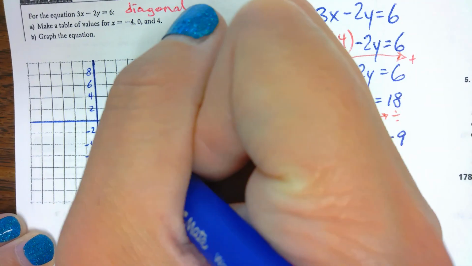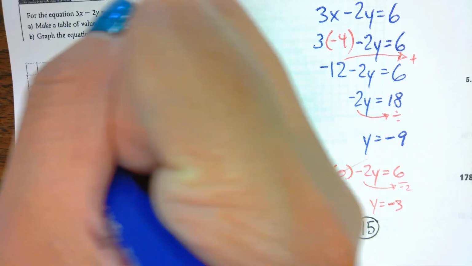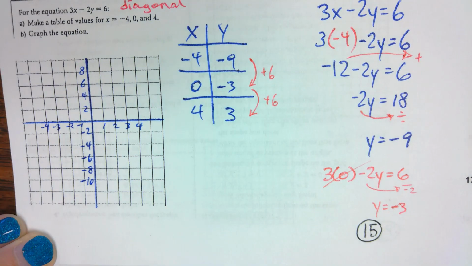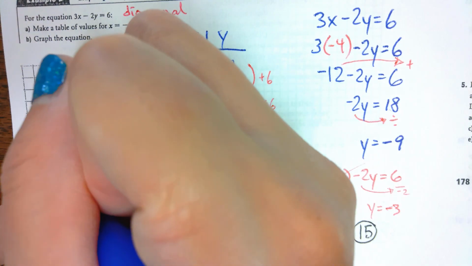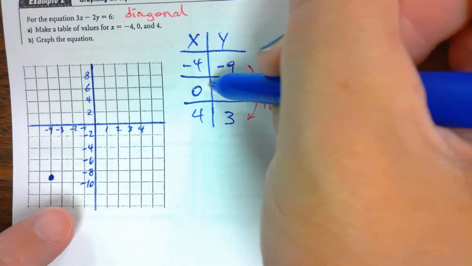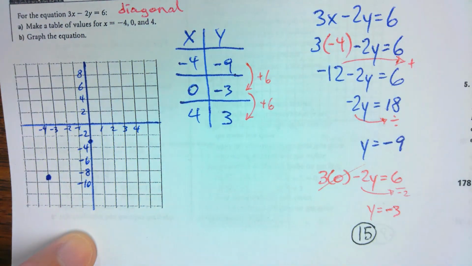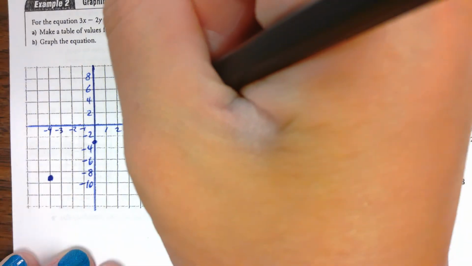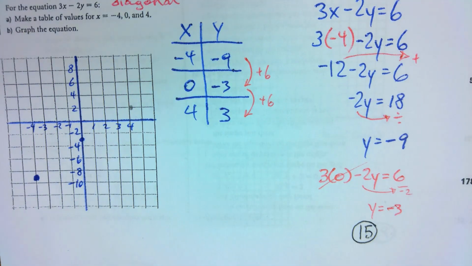And then these are just 1, 2, 3, 4. Okay. So -4, -9. -4 on the x, -9 on the y, right here. 0, -3, right here. And then 4, 3.